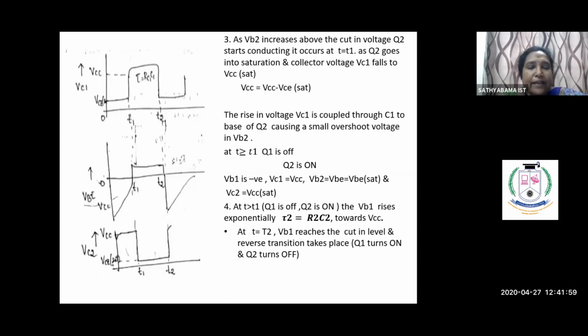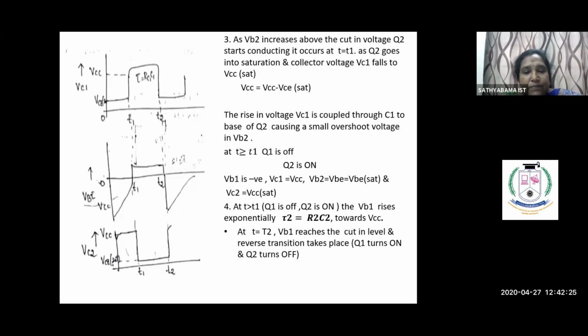If the time is greater than or equal to T1, Q1 is switched off. Then in the first output VC1 is now equal to VCC, and in the last graph, the output VC2 is equal to VCE saturation.